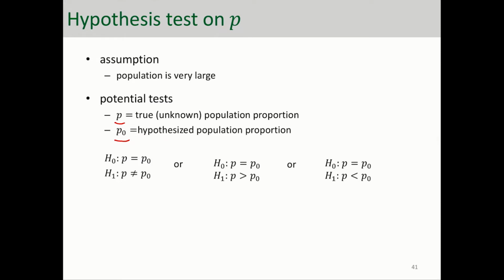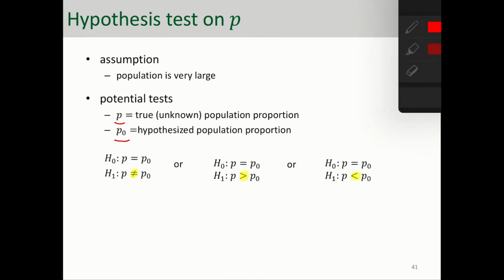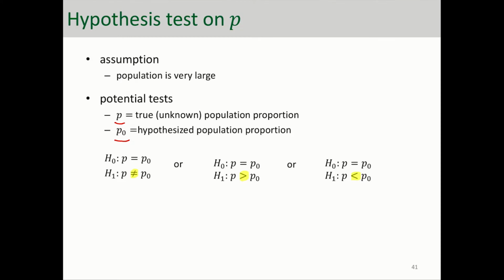And then we have a two-sided test and one-sided tests, as you can see, same as before. In the case of, let's say, proportion of defective items, you can test whether the proportion of defective items is 0.4, 40%, or not equal to 40%. Then you collect a sample and you conduct this test. In that case, 0.4 essentially is your p naught.